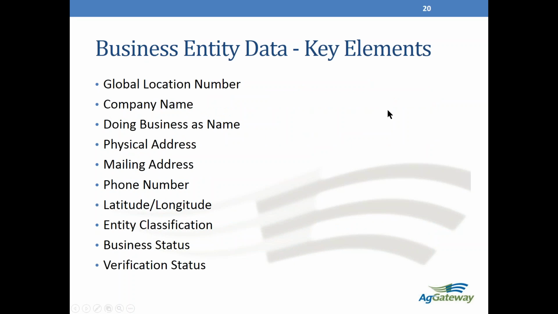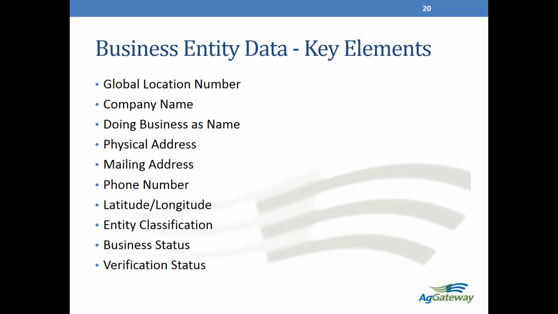So I wanted to just provide some of the key data elements, and there's more data elements out there, but here's some of the key things. Obviously, it would be that unique identifier, the global location number, a company name, a doing business as name. In some cases, we see a company might be owned by a corporate name, but they do business as something else.